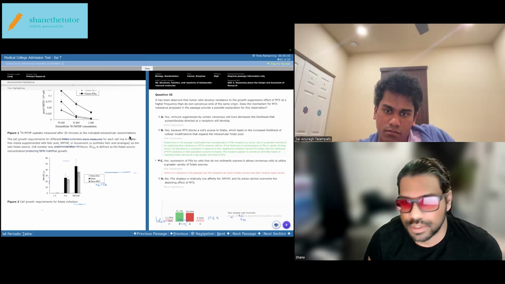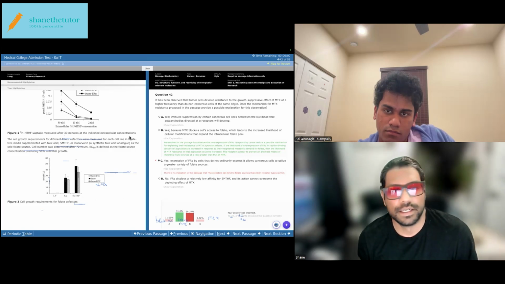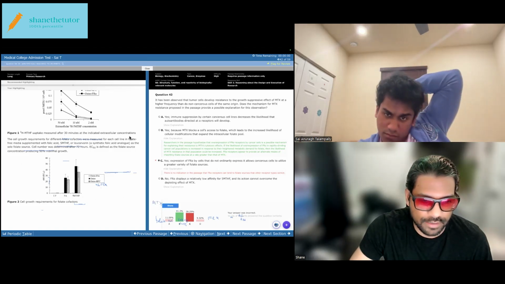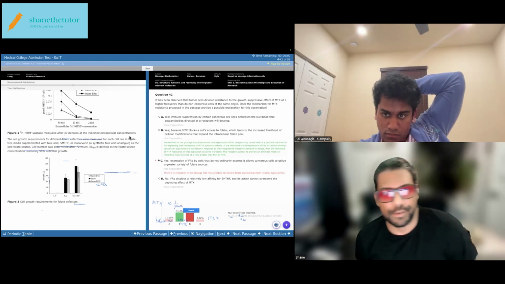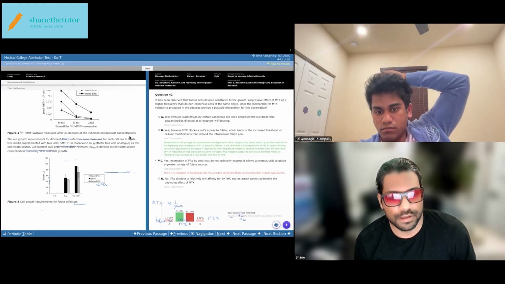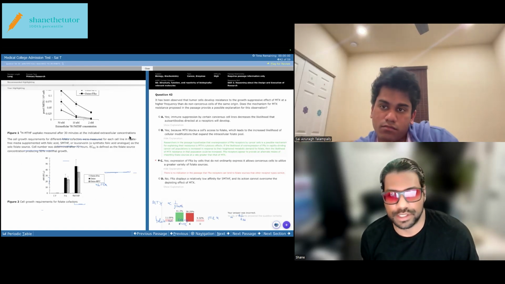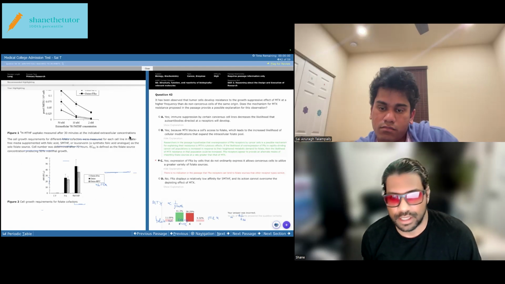So, okay. If there's a greater resistance to MTX, so maybe I'll write, okay, MTX inversely proportional to growth. But in tumor cells, there's a greater resistance to that MTX anti-growth effect, right?